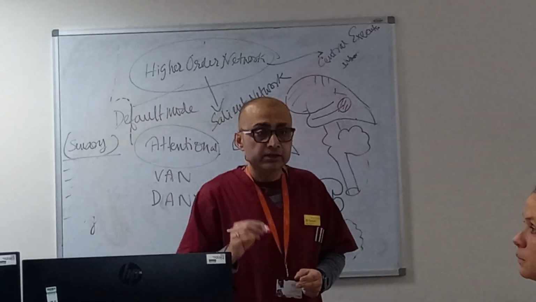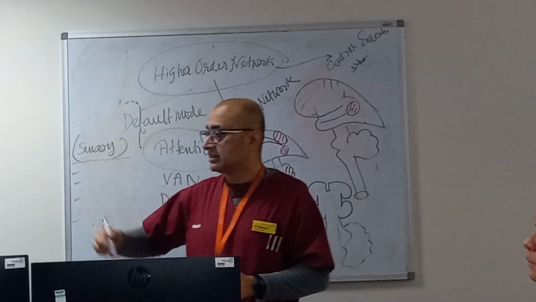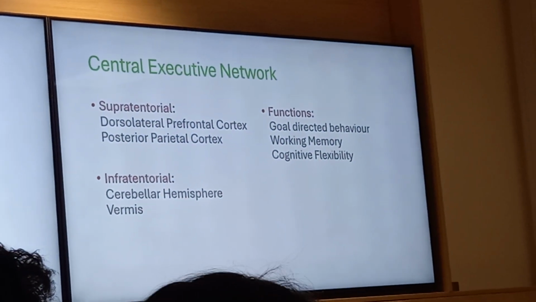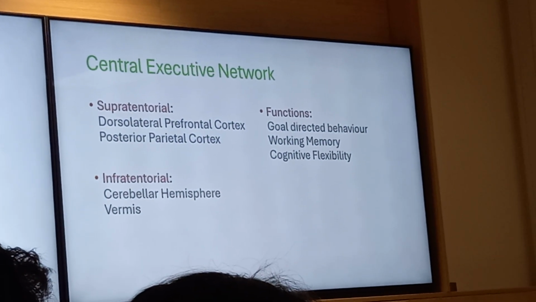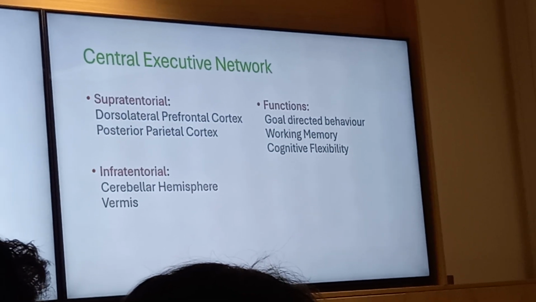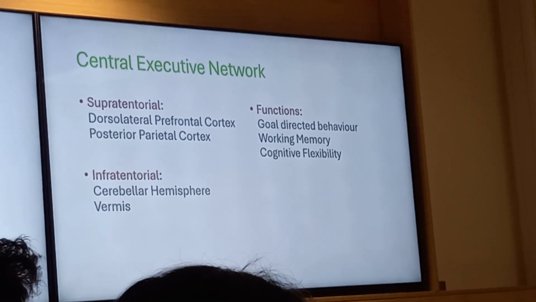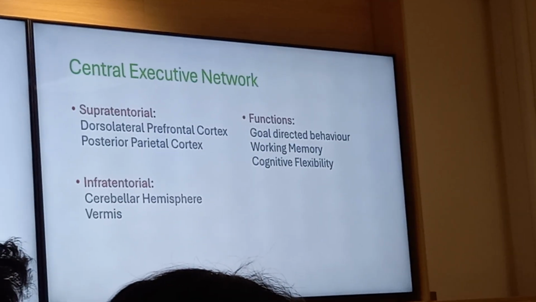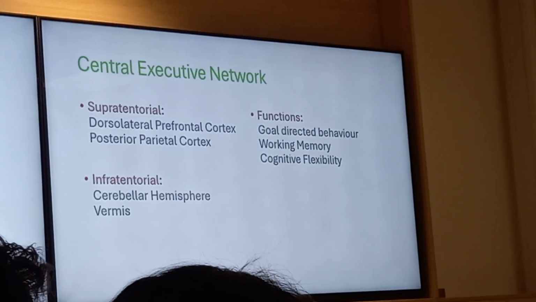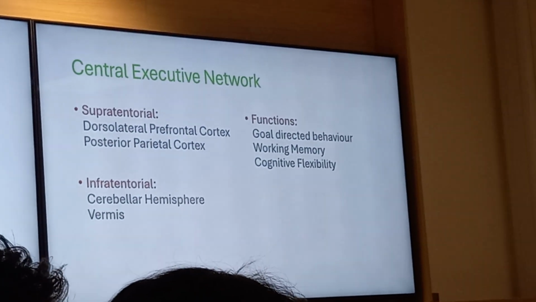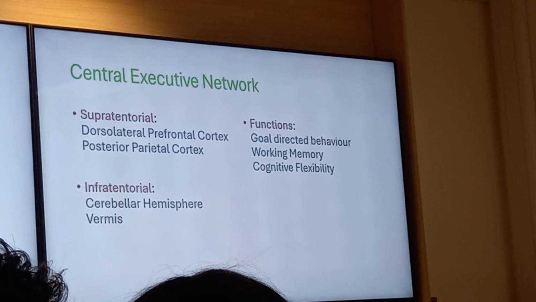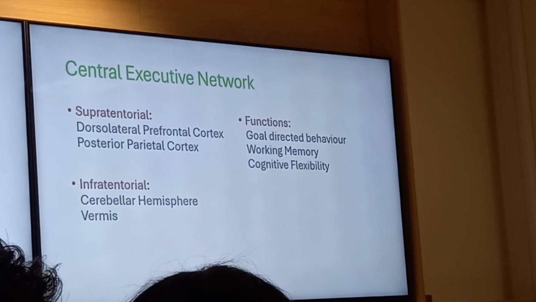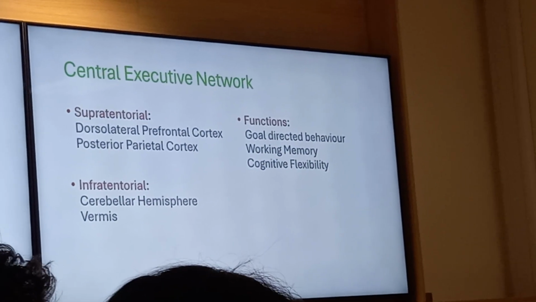Next is the salient network. Next, I will come back to salient. Next is the central executive network. So when you are actively concentrating and trying to solve a problem, for example, you are actively listening to me now and trying to understand what is reality, that's where this network will be more active rather than the default mode network. So what are the parts of the brain?